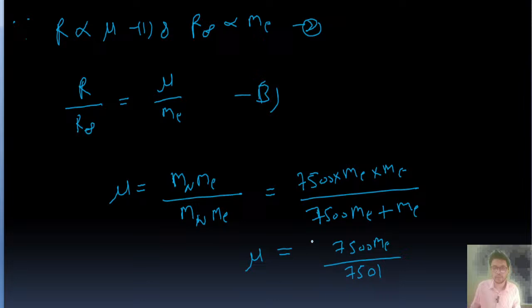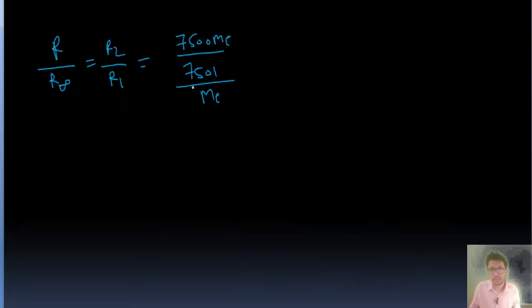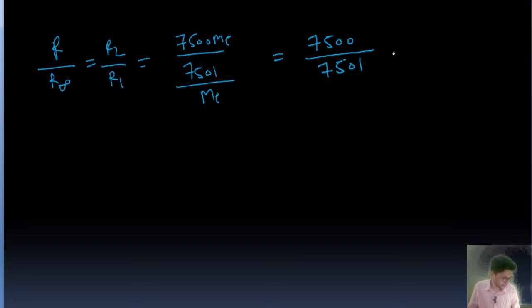Mu upon me, mu is this, mu upon me. So me will get cancelled. So this value is going to be 7500 upon 7501. Right? So if we calculate this, this value is going to be less than 1, right?